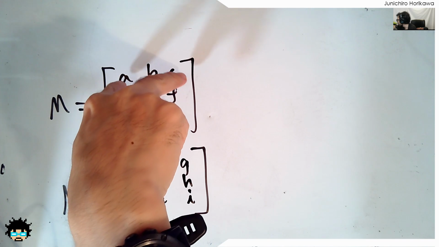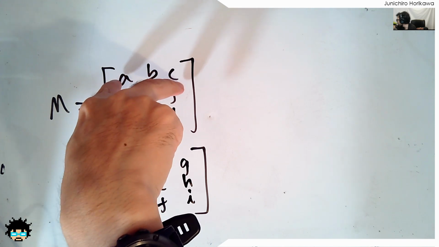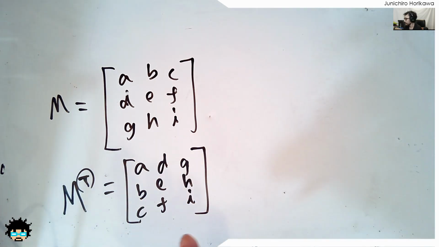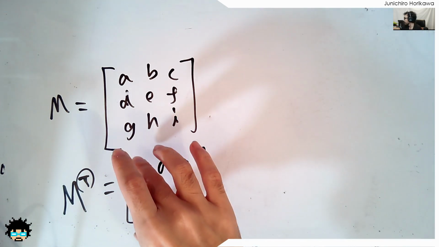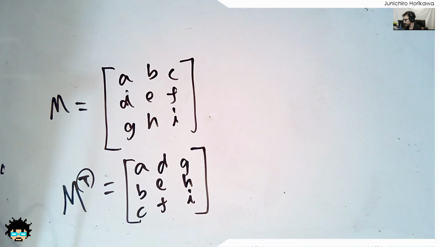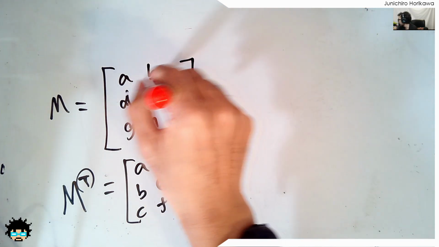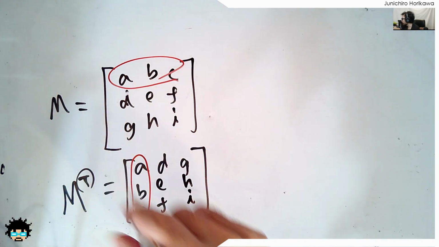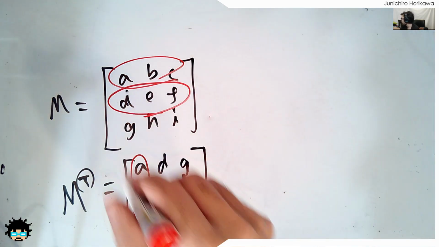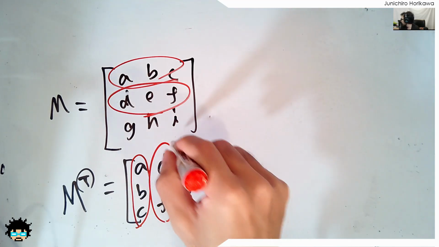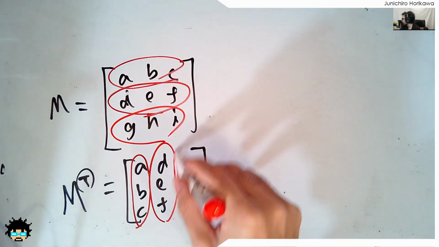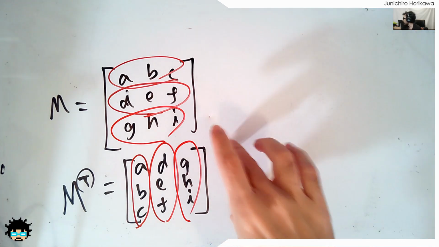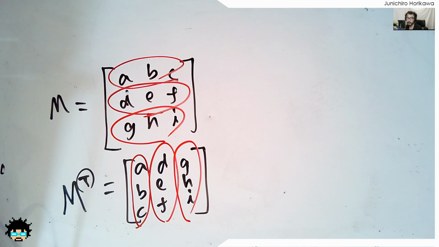The first row used to have A, B, C, but by transposing it you'll have A, B, C in a column. The row becomes a column, the second row becomes the second column, and the third row becomes the third column. This process is called transpose.